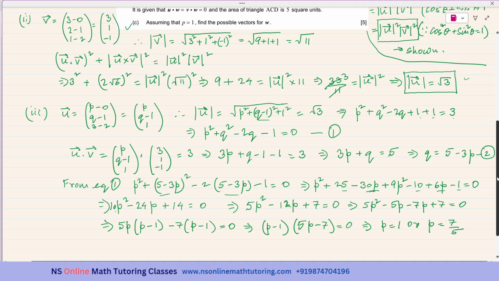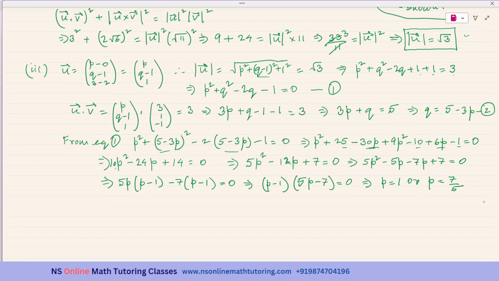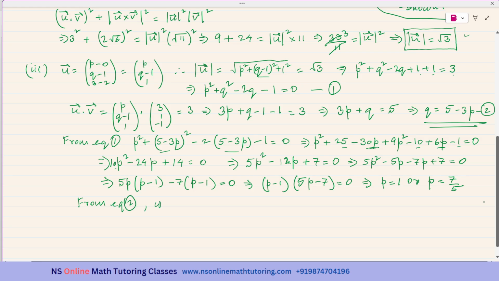Okay. So these are the possible values of p, and we have to get the corresponding values of q from this equation number 2. From equation 2, when p is equal to 1, q is equal to 5 minus 3 times 1, which is equal to 5 minus 3, which is equal to 2.